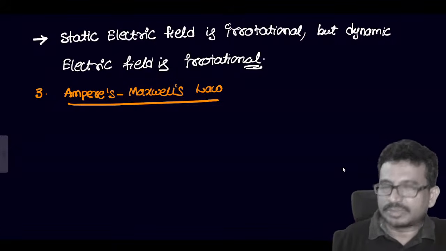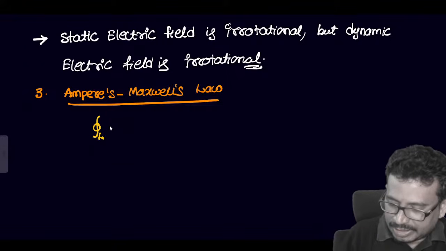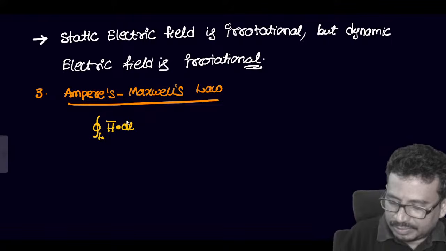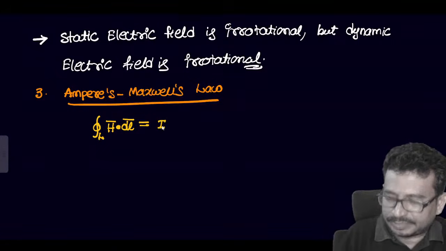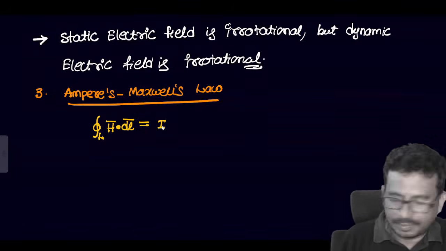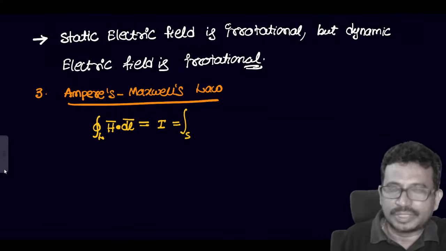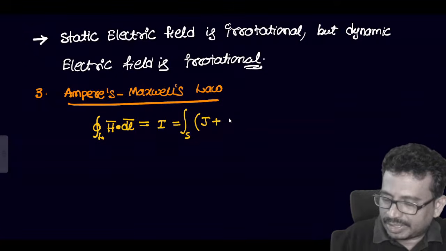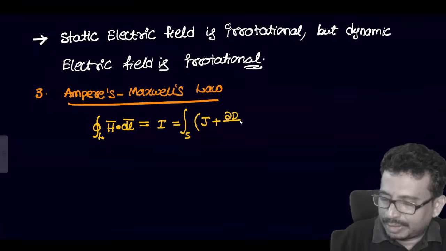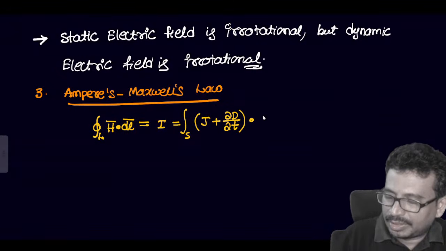According to Ampere-Maxwell's law, the closed line integral of H dot dl is equal to I, that is equal to the surface integral of J plus dou D by dou t, dot dS.